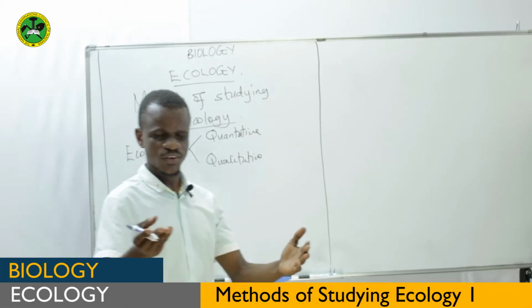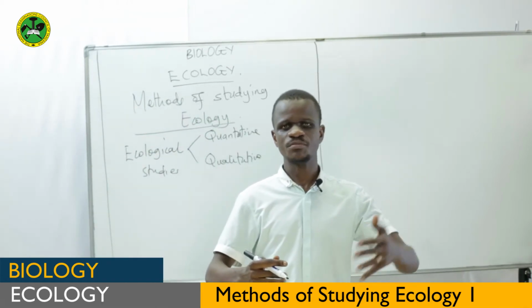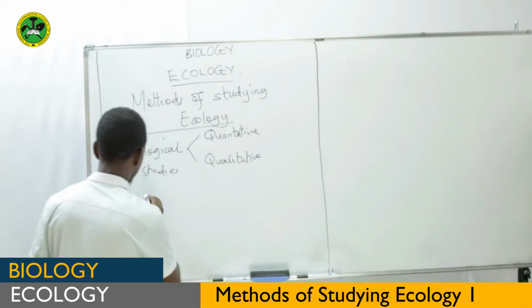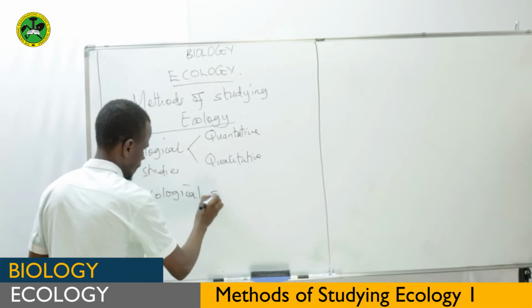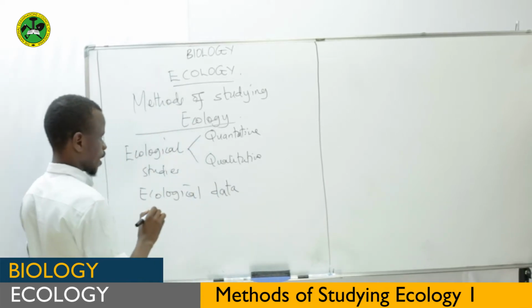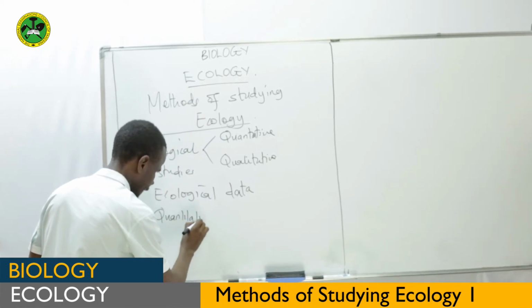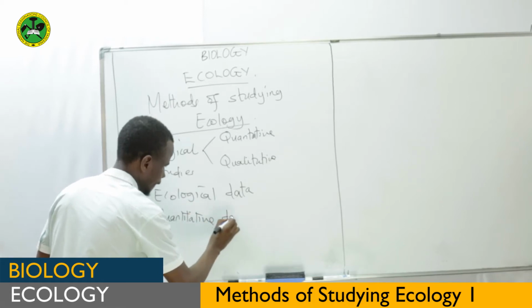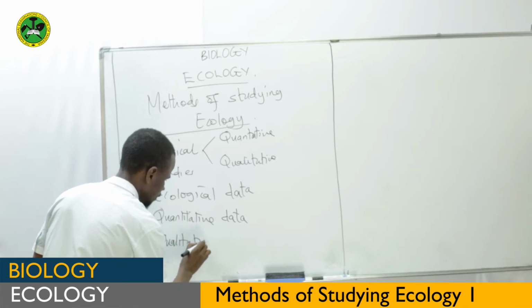In the first lesson, we defined ecology as dealing with organisms and the environment. Therefore, the data of organisms are collected. This ecological data can be quantitative data or qualitative data.